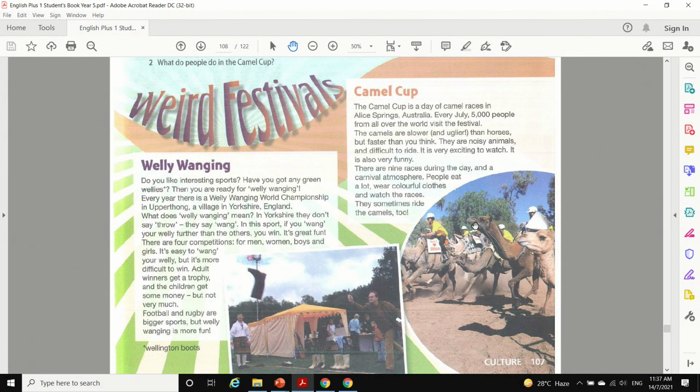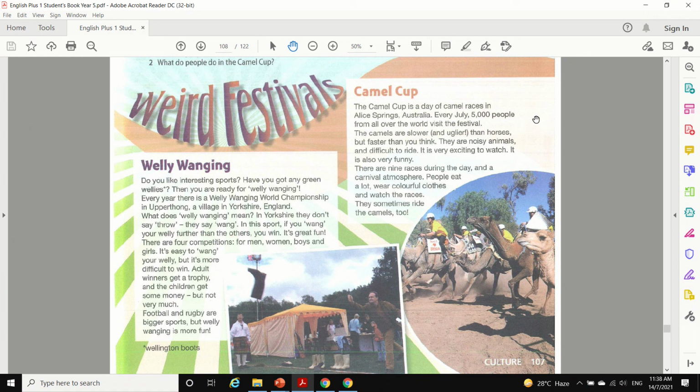They have a Camel Cup and ride the camels like the picture shown, and they race them in Australia, in a town called Alice Springs. Every July they hold this camel race.